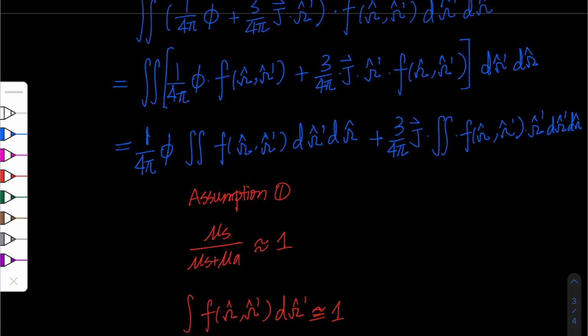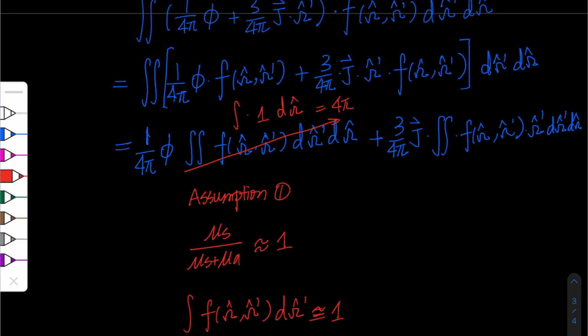So the integral of the f function over all the directions should equal 1. So the first term can be simplified as the integral of 1 over omega hat, and from our fact sheet, that should be 4 pi. That's how we simplify the first term.